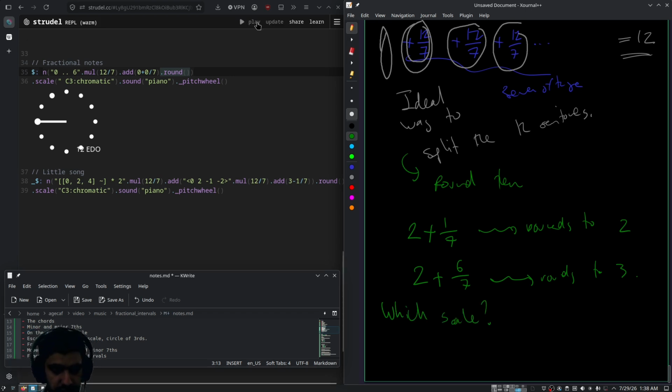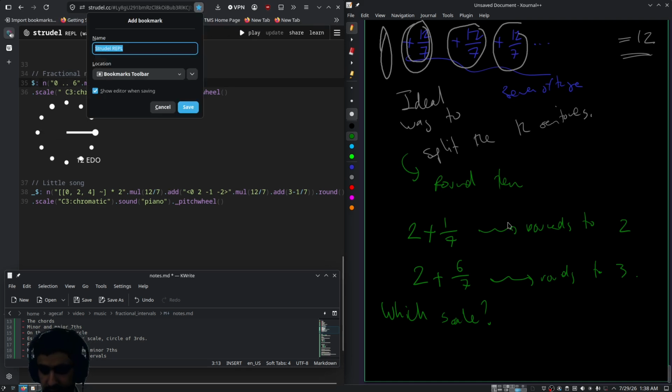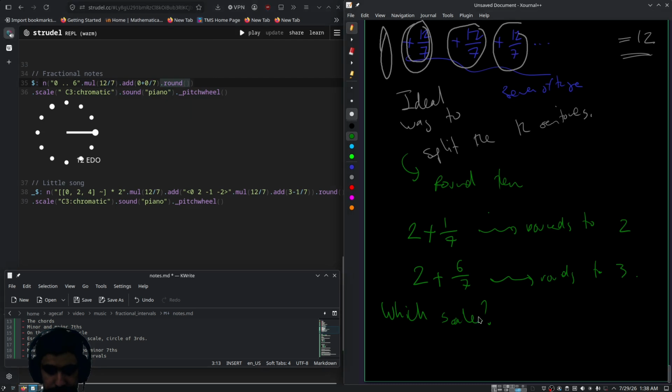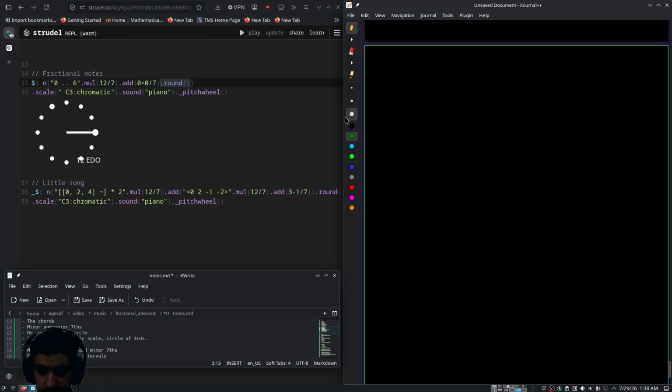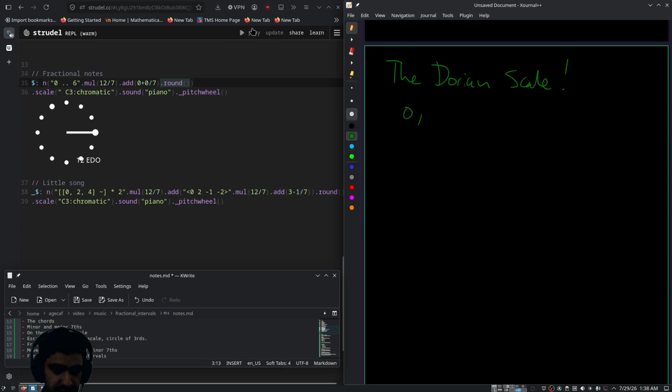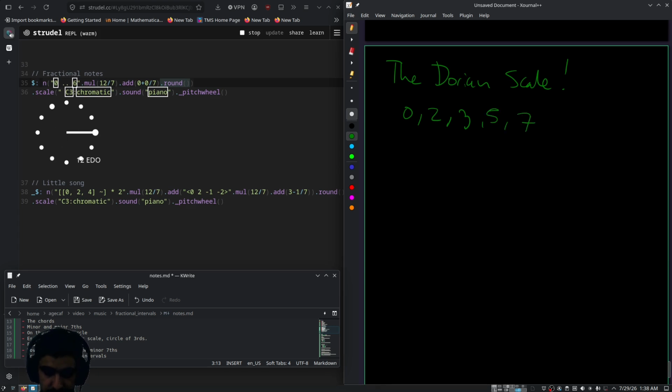And if we look at it and observe it, it is none other than the Dorian scale, because it's symmetrical. Let's just play it. That's 0, 2, 3, 5, and 7. And then it's 9, but instead of getting 11, we get 10.